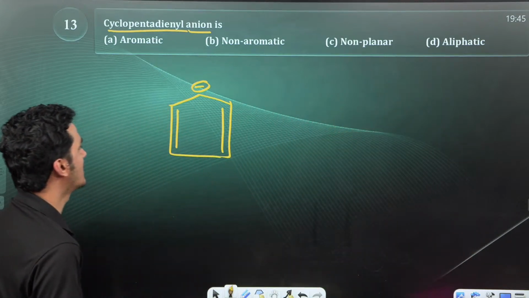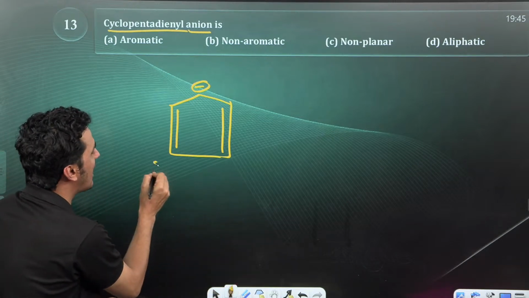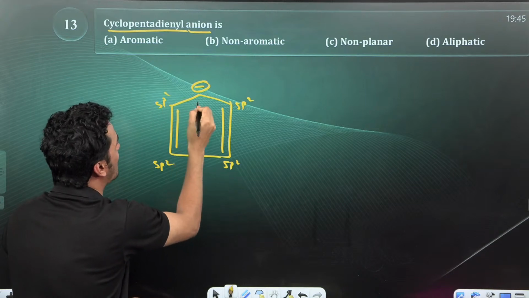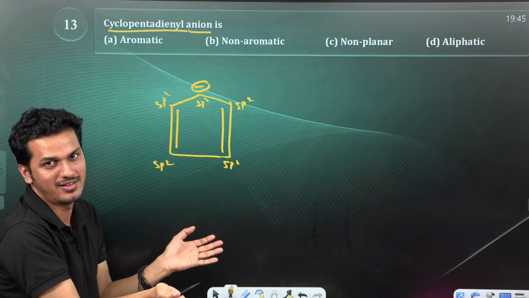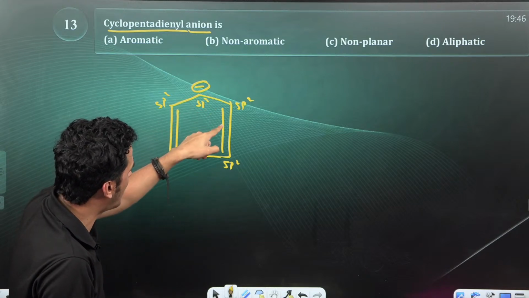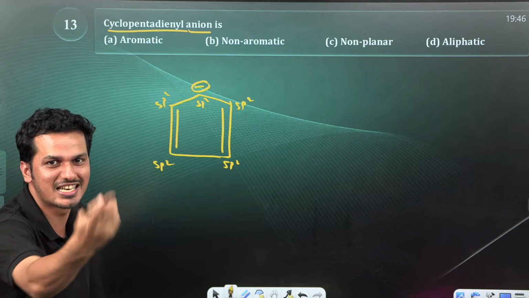What to do, guys? Here while we are looking, it's a cyclic one. All carbon atoms are sp2, planar. And alternate double bond, single bond, and lone pair, single bond, double bond, single bond. Conjugation is there.